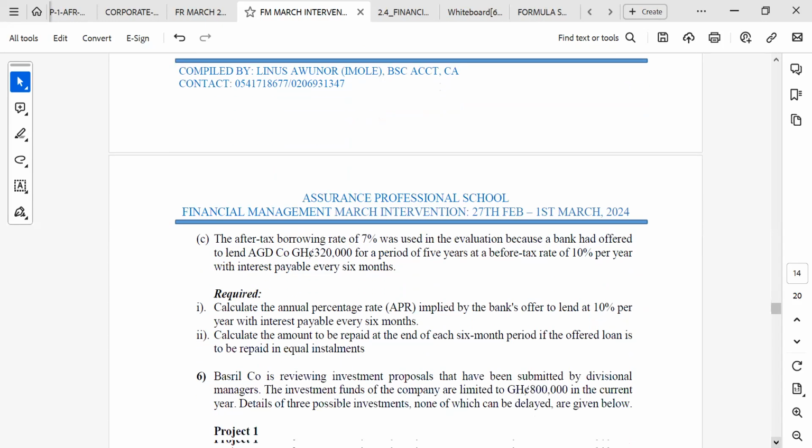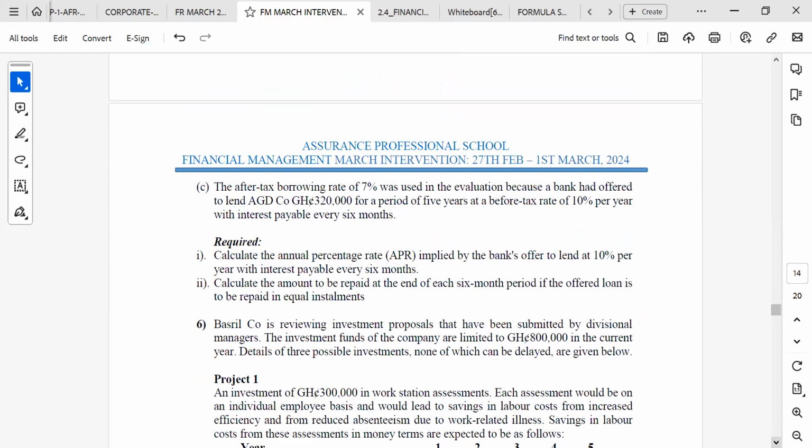And then C, the after-tax borrowing rate of 7% was used in the evaluation because a bank had offered to lend AGD company 320,000 Ghana cedi for a period of 5 years at a before tax rate of 10% per year, with interest payable every 6 months.